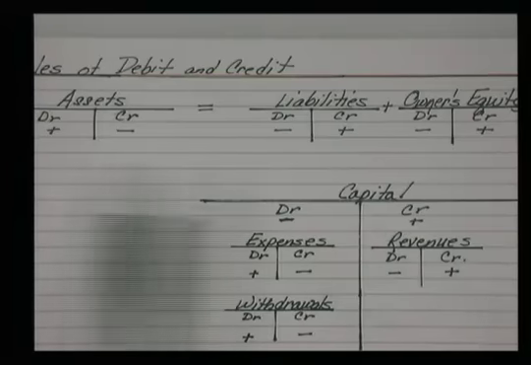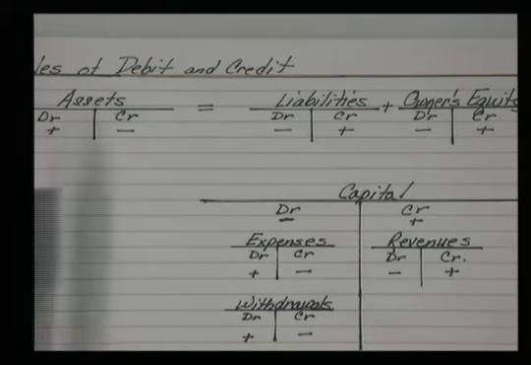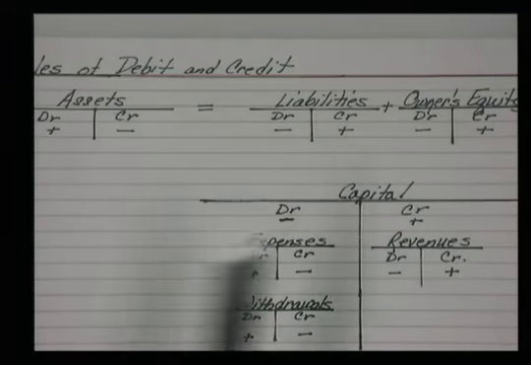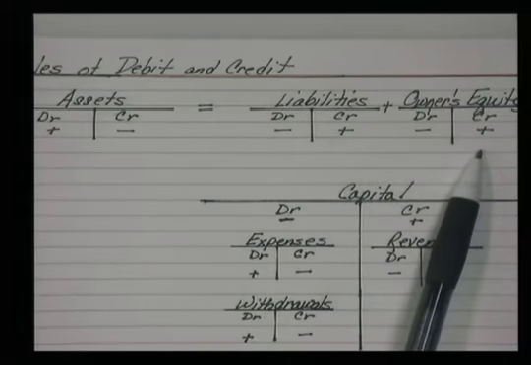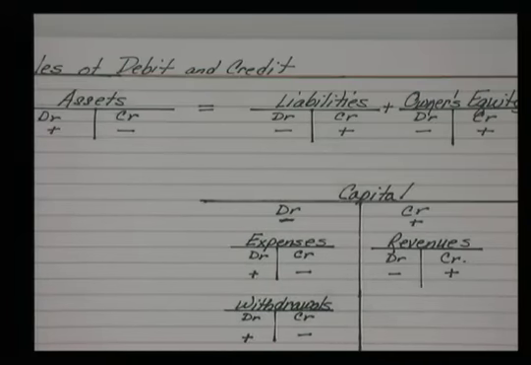I have a T account to illustrate a standard form. Assets are on the left-hand side of the equal sign, so I have them increased on the debit side. Liabilities and owner's equity are increased on the right-hand side, which is the credit side. You will also notice they're on the right-hand side of the equal sign.